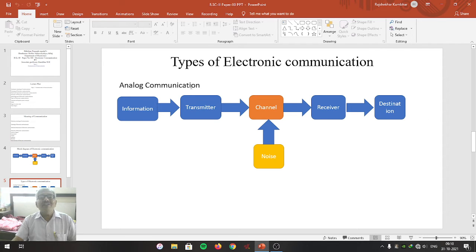So that's why this system we can call the analog communication system. The generated electrical signal is given to the transmitter. Within the transmitter, the analog signal is processed.